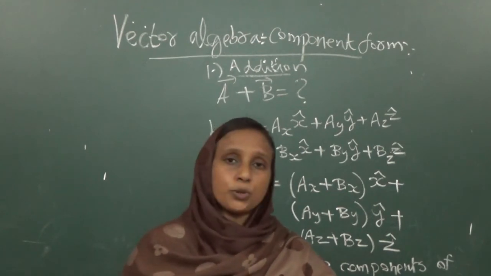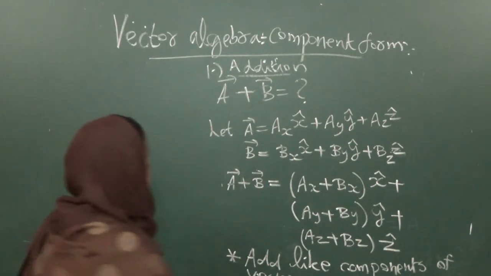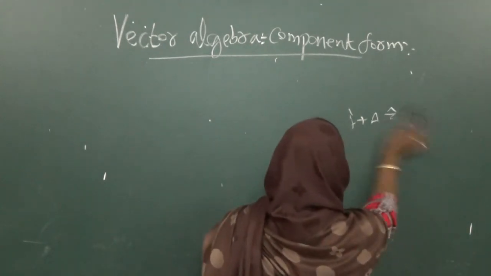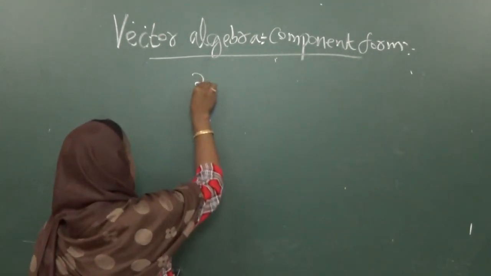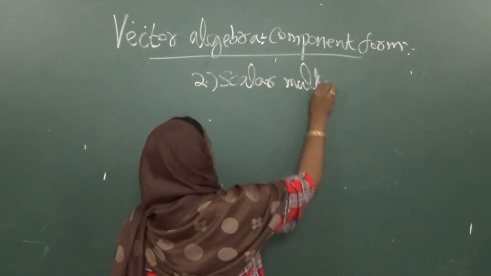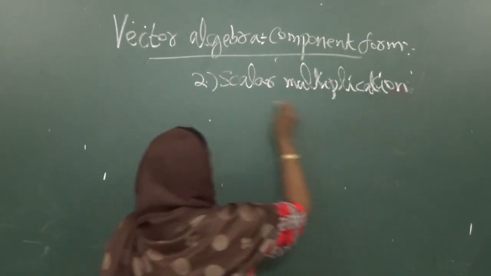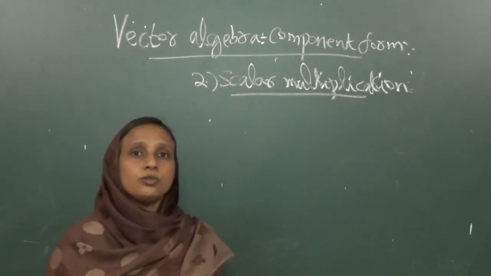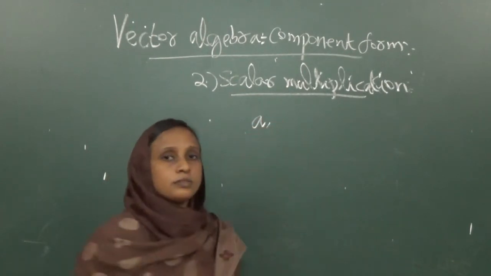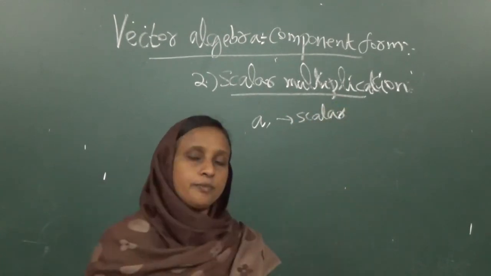Now, we can move on to the second operation, scalar multiplication. Suppose there is a constant, a scalar small a. Small a is a scalar quantity.